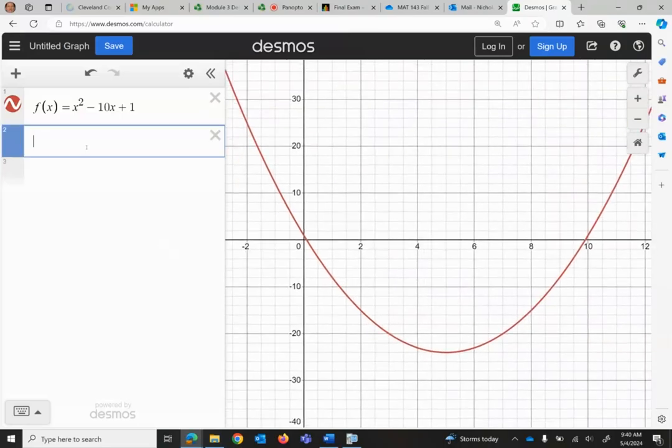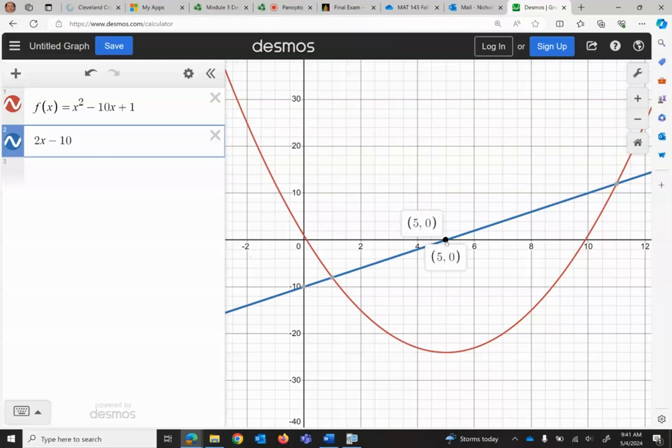And then our derivative. All right, so the idea. Notice the derivative here, at x equals 5. The derivative, if you remember, was 0. So the derivative was 0, and that is the exact spot where our function changes directions.